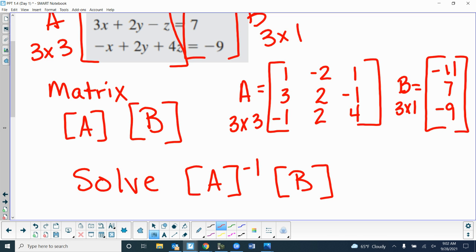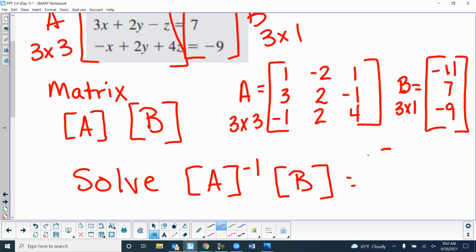So let me show you how to put all that in your calculator. But that's the procedure. We're going to put our matrix numbers into A and B, and then to solve, and then it's going to give us 3 answers.